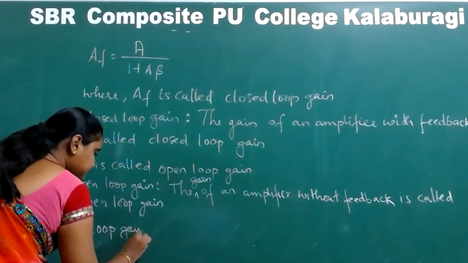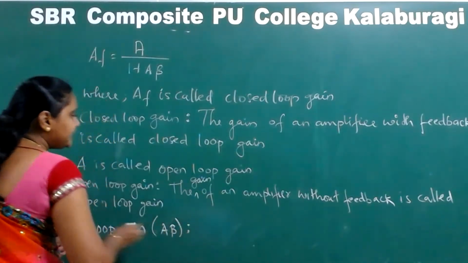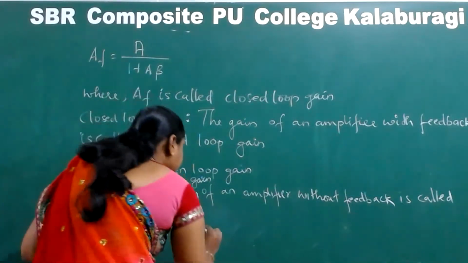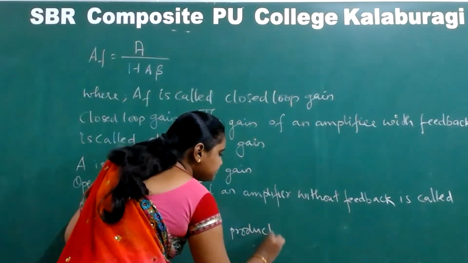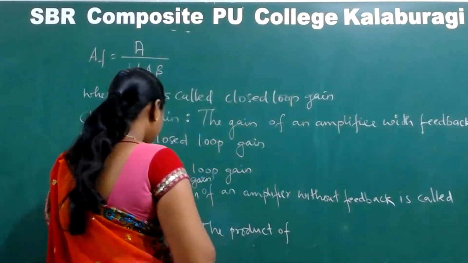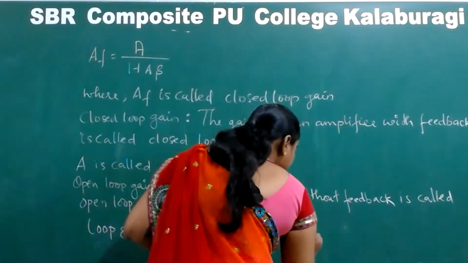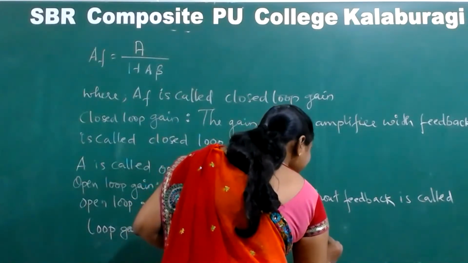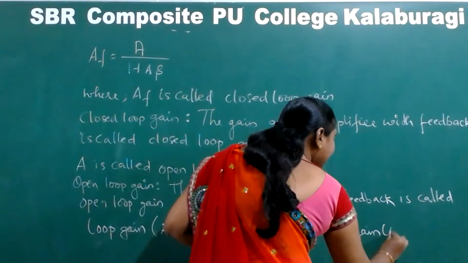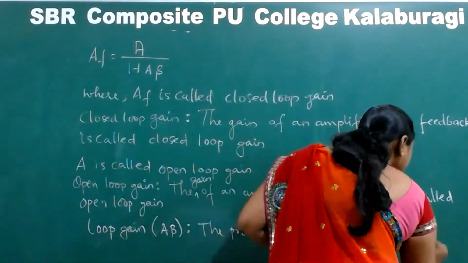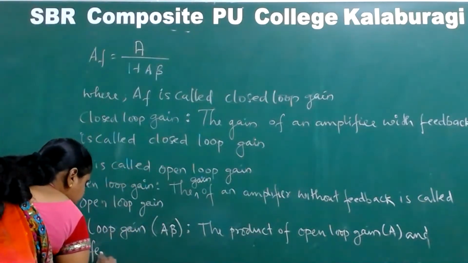Loop gain, where loop gain is A beta, where loop gain is defined as the product of, what is A? A is open loop gain. Open loop gain A and feedback factor beta.